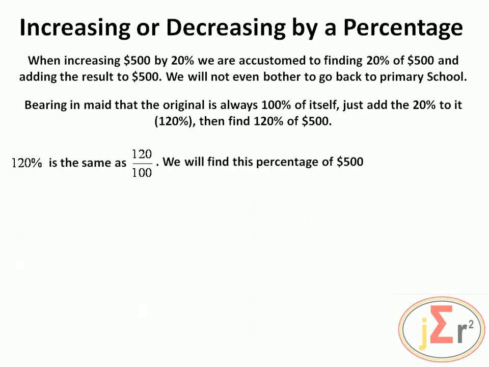So 120% is the same as 120 over 100, and we will find this percentage of $500. What do we do? 120 over 100 multiplied by 500. No problem with that. We have known this from a long time ago, and we have reaffirmed it by our exercises.